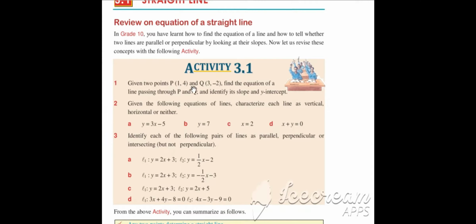Given two points P and Q, we can find the equation of the line that passes through point P and point Q. When two different points are given, we can find the equation of the line that passes through them as follows. Let us see on the whiteboard.